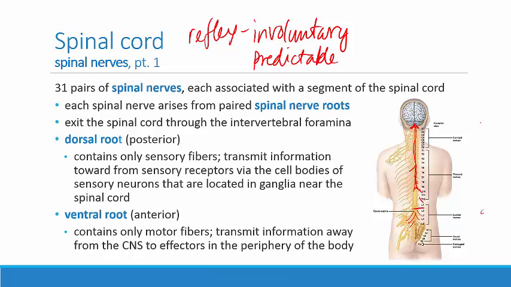There's a space produced where two vertebrae come together that allows the dorsal root and the ventral root of the spinal nerves to exit.